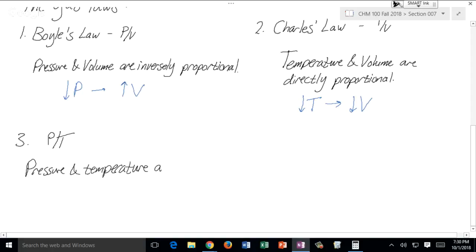Pressure and temperature are also directly proportional. So as we increase the temperature by putting the ball, that metal thing, in the hot water, we also increased the pressure.